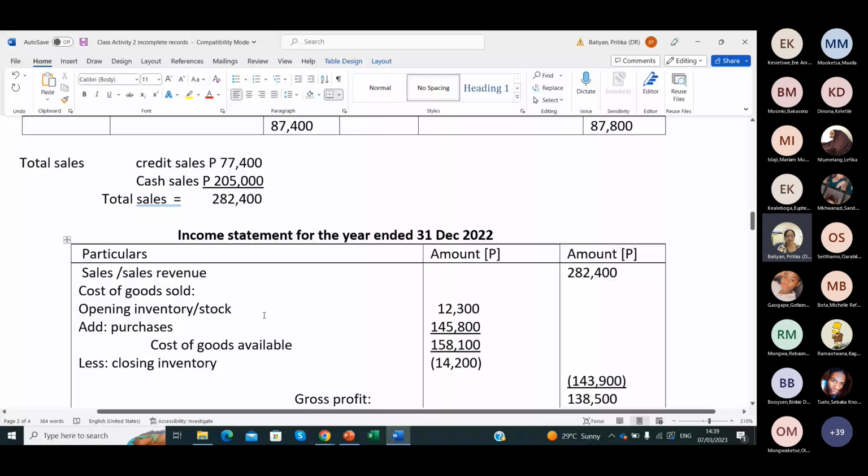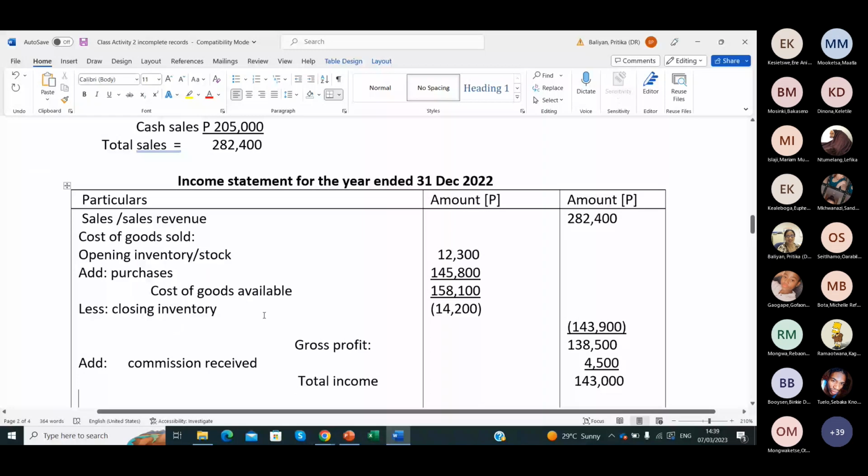The cost of goods sold is opening inventory, then we add the total purchase, then minus closing inventory.